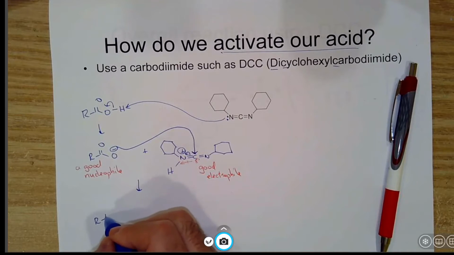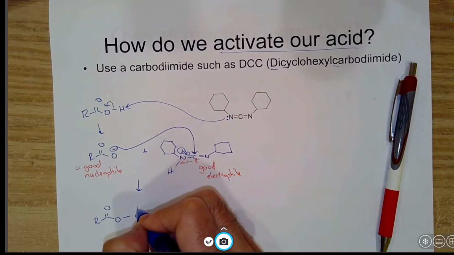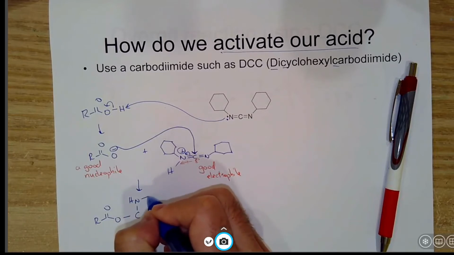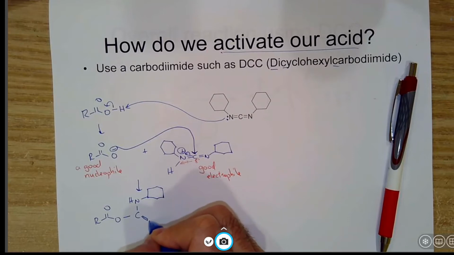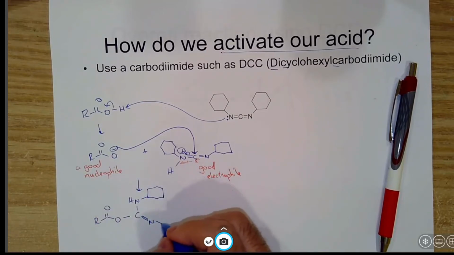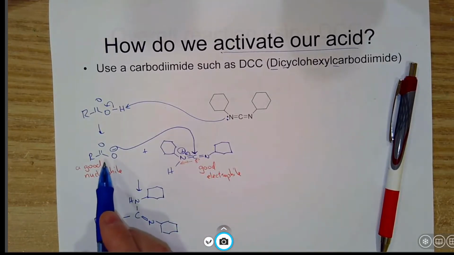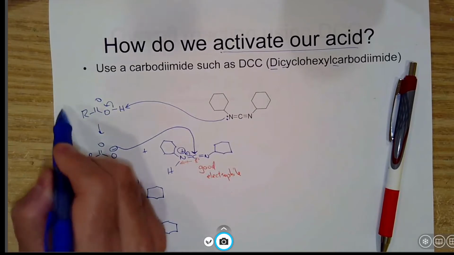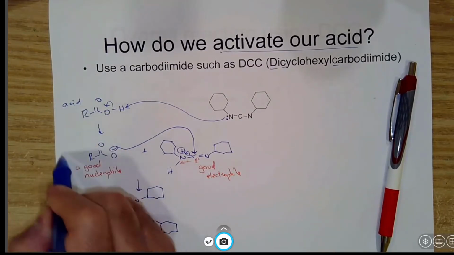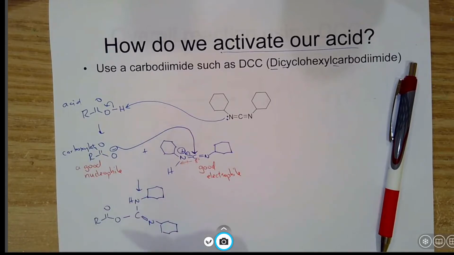Once you have that, let's draw what that covalent structure looks like. You now have a covalent bond between that oxygen and this carbon that we just formed. So we've gone from an acid to a carboxylate, very poor electrophiles, to something that is now an ester.